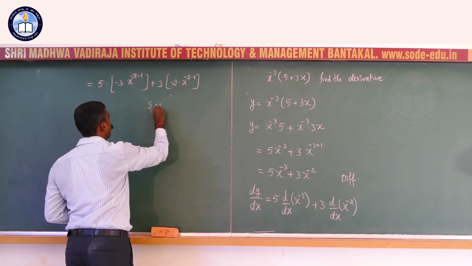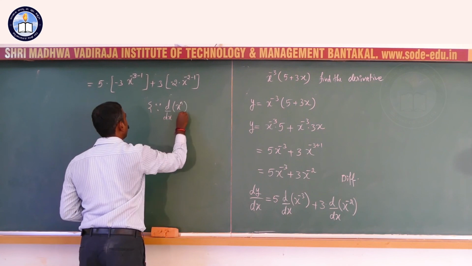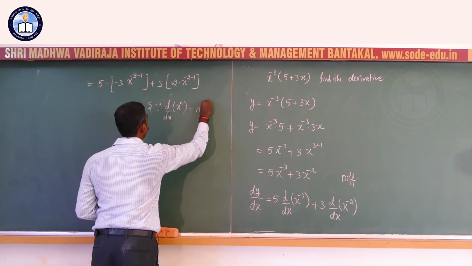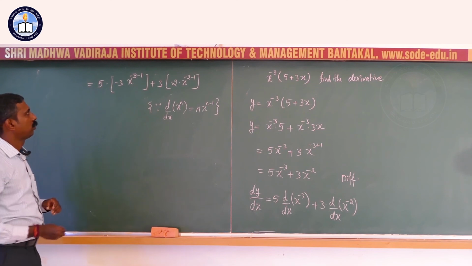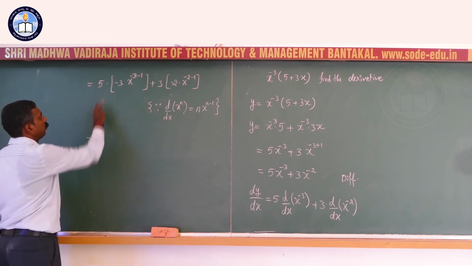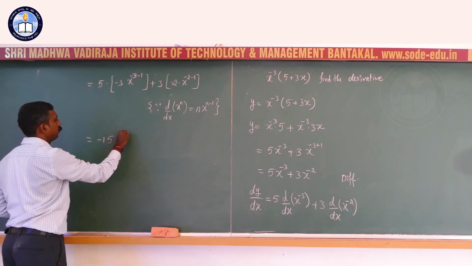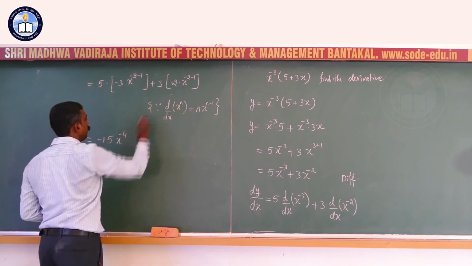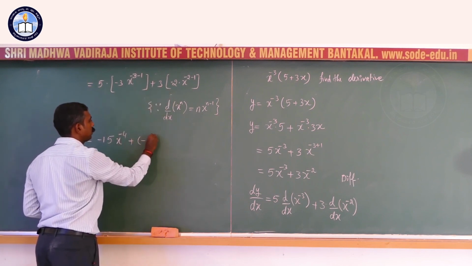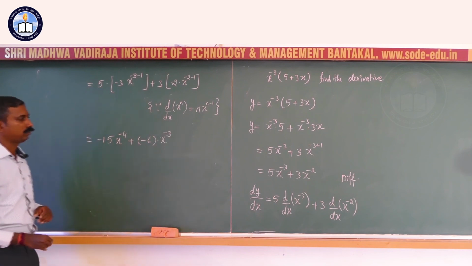Now what have you got here? 5 into minus 3, that is minus 15, and x power minus 4, plus 3 into minus 2, that is minus 6 into x power minus 3.